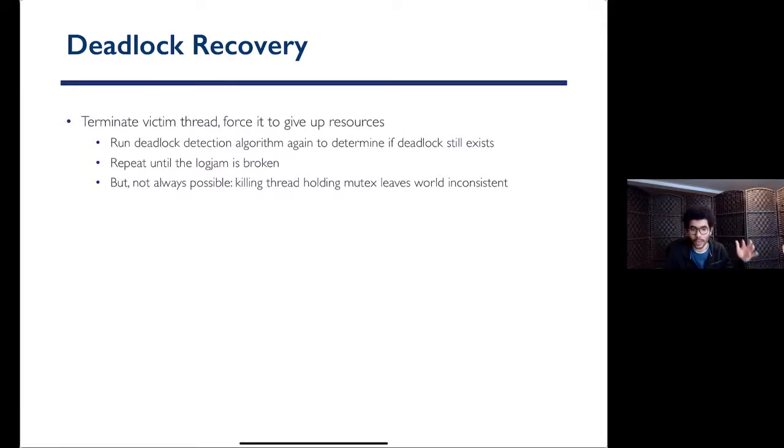It has acquired some locks, and now it wants to lock another table, but it has already started making some progress. If you kill that thread, you might put your entire system in an inconsistent state because you're prematurely terminating a transaction, which is not safe, right? So this termination might work and might not work depending on the system.